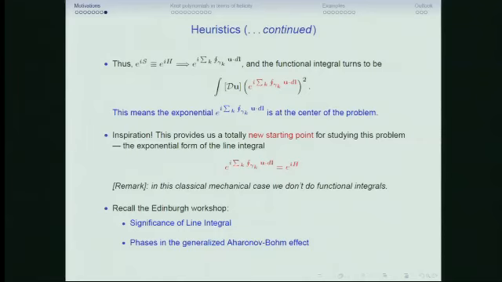So that's an inspiration. This provides us a totally new starting point for studying this problem. That means if we want to find a powerful tool to do the job, we can just start from this exponential form of line integral.